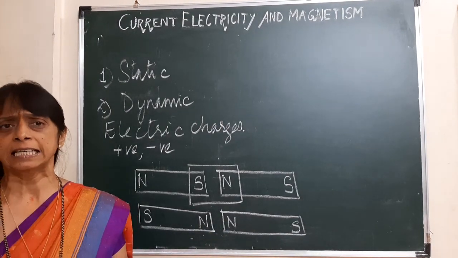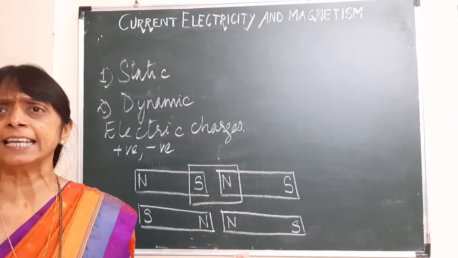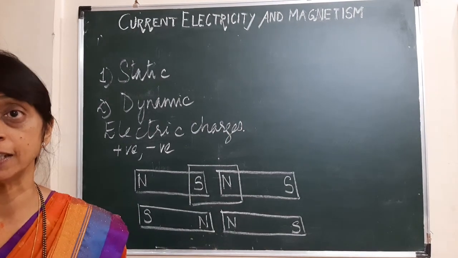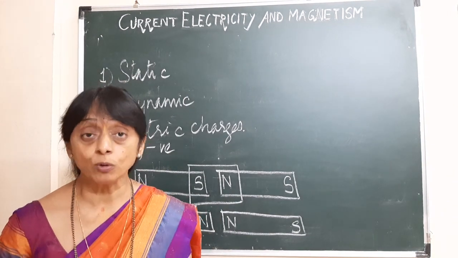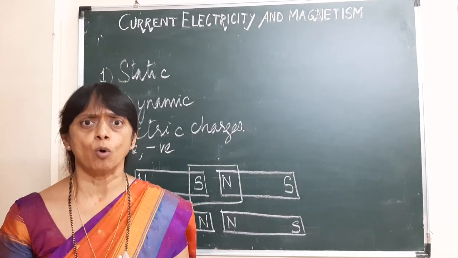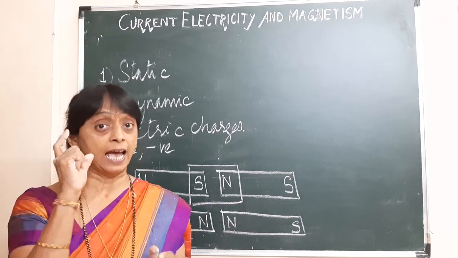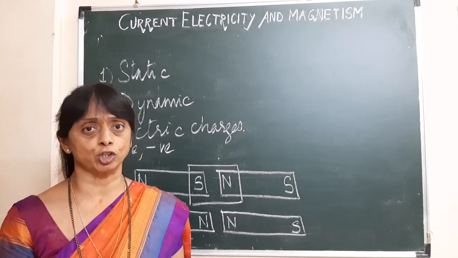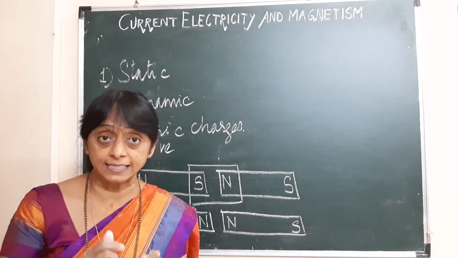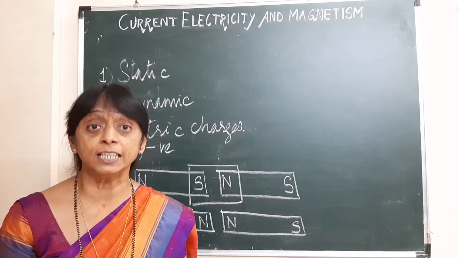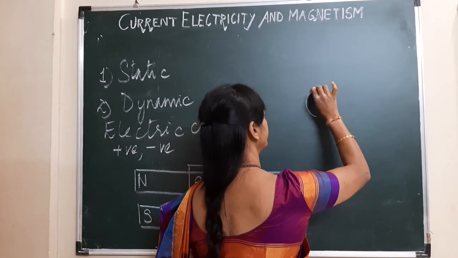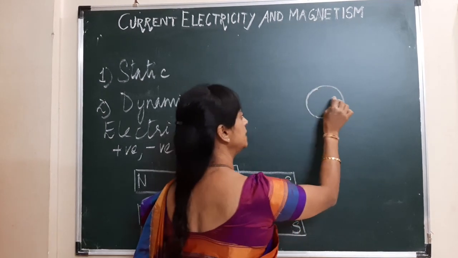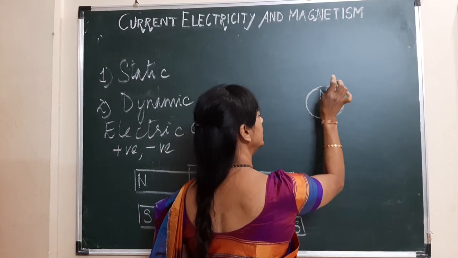So children, in charges, who exactly carries these charges? They are the subatomic particles. We know the structure of an atom. What does an atom contain? In the core, at the center, is the nucleus.